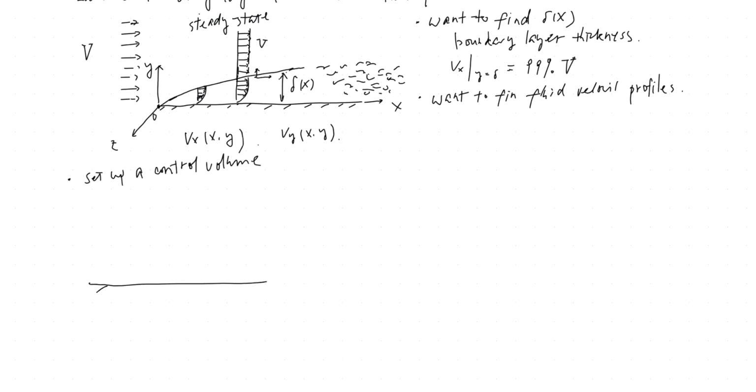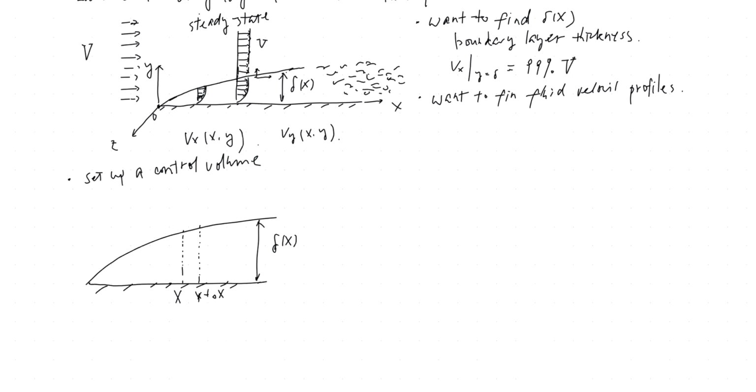So this is the boundary layer. This time, let's set up a control volume from x to x plus delta x.